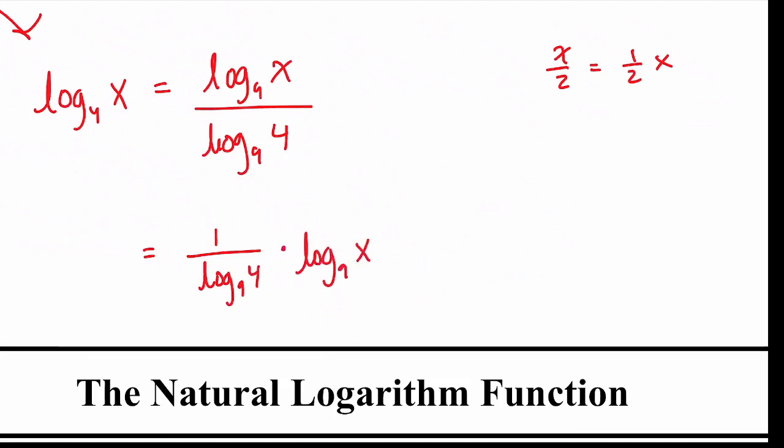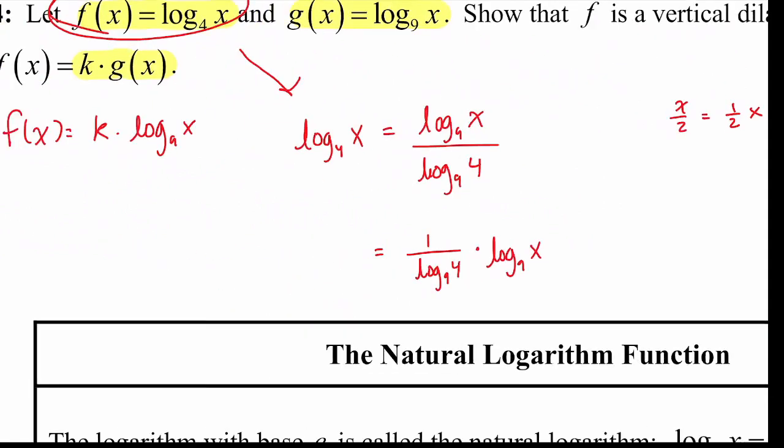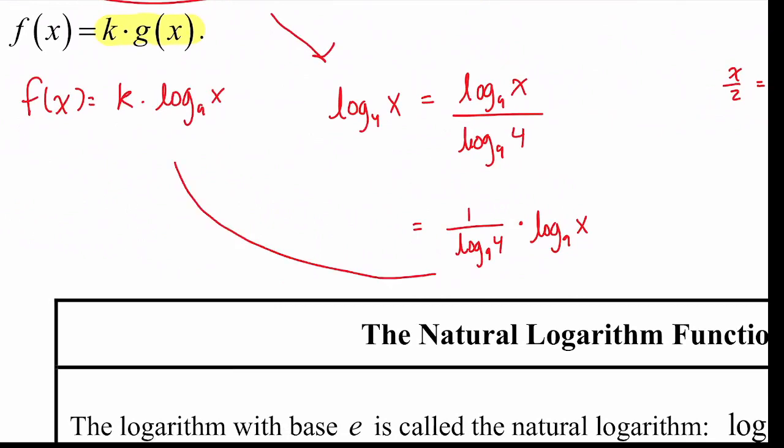It's the same thing. And if you look now, what we have in our answer so far is in the exact formatting that I want f of x to be in. Some k value in front that's multiplying log base 9 of x. So k equals what? Let's see. k equals 1 over log base 9 of 4.